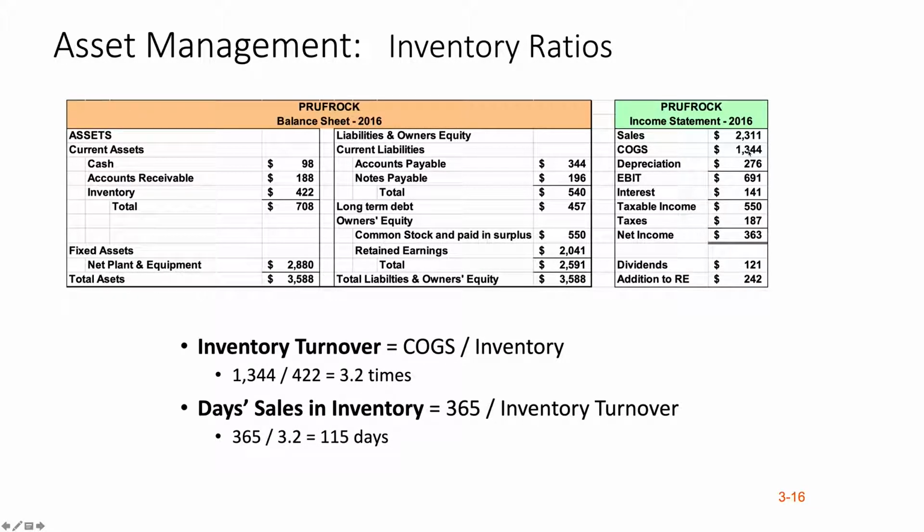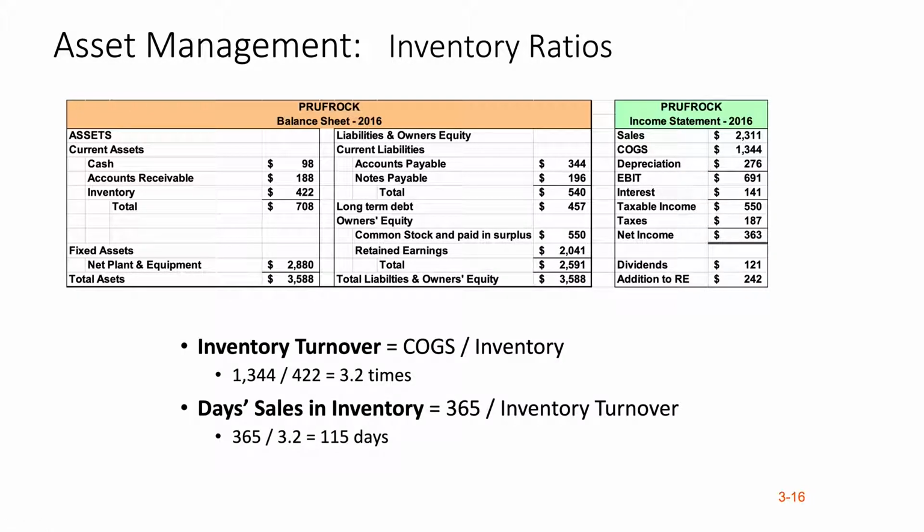So it's the income statement divided by balance sheet items. 3.2 per year. You basically turn over about 3 times. Now this one is usually measured in days. 365 days divided by 3.2. On average, the inventory is cleared and a new one ordered about every 115 days.